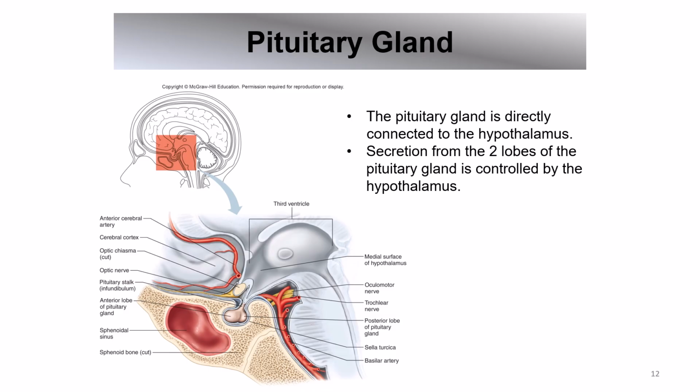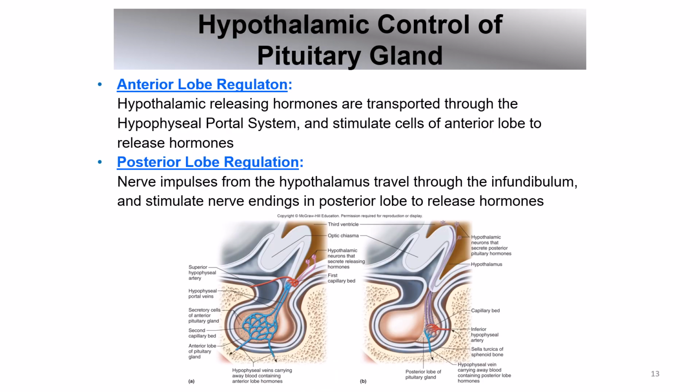We're going to start with the pituitary gland. We're going to see that the pituitary gland is controlled by the hypothalamus. The pituitary gland has two parts, two lobes. The anterior part of the pituitary is regulated by the hypothalamus because here the hypothalamus sends special hormones called releasing hormones to the anterior pituitary.